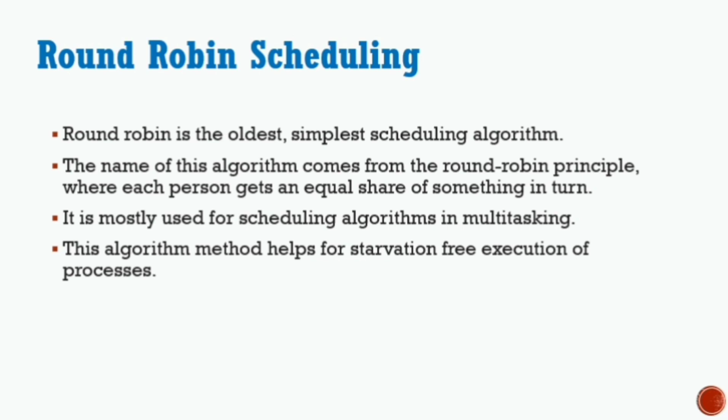And this scheduling technique is mainly used in multitasking and multi-programming, and it helps in starvation-free execution of processes. So if a particular process has a very low priority, and if there are many high priority processes coming before it, then there are all chances that the low priority process might be starved and might not be executed. But round robin scheduling will ensure that the process is starvation free.